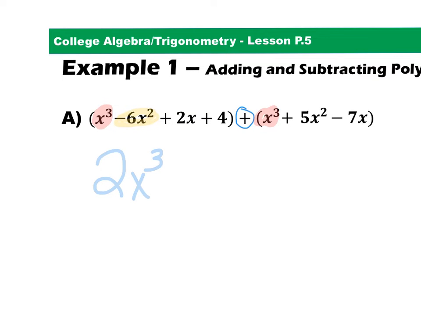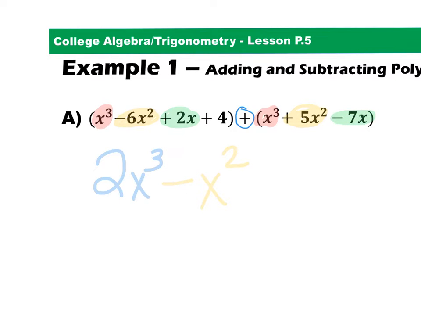Then I'm going to look at it and say, okay, I have a negative, remember the sign in front goes with the term, negative 6x squared and a positive 5x squared. What's negative 6 plus 5? Negative 1, so negative 1x squared. Do I have to write the 1? No. Now I'm going to go down to the first degree. I have just x, so net positive 2x minus 7x.